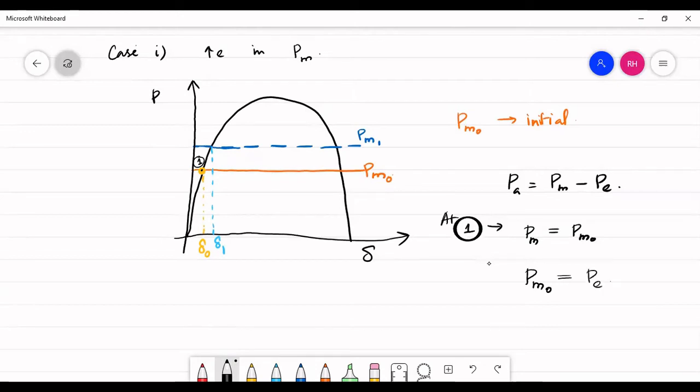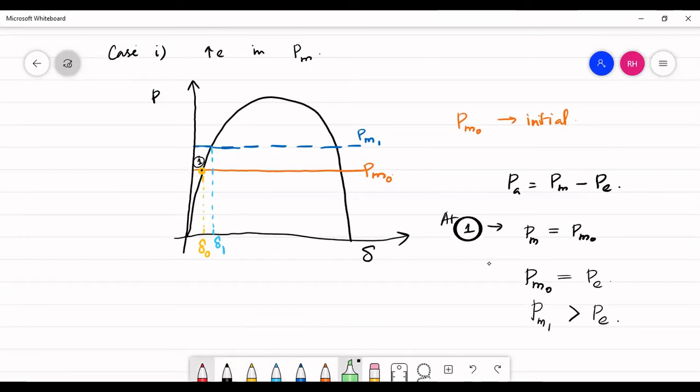But suddenly, if your value of PM is increased to PM1, then that value will be a little greater than PE, and hence you will have an accelerating power due to which your rotor accelerates.